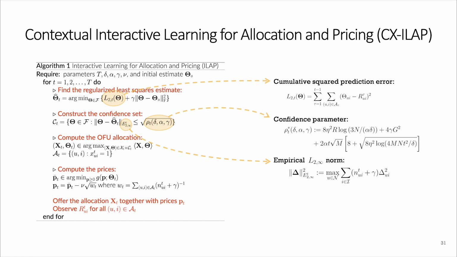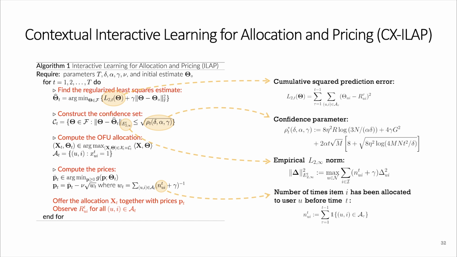Then it computes the OFU allocation, as we described previously, and it computes the prices p bar t, and instead of offering the items at p bar t, the optimum dual prices, right away, it subtracts an amount which is defined to be nu times square root of w to ensure that most of the items are guaranteed to be accepted.